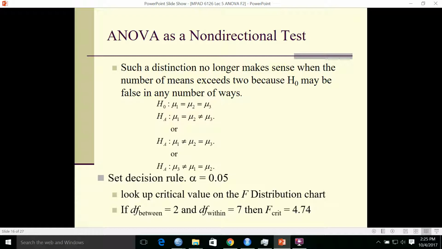We can see that the degrees of freedom between is 2 because degrees of freedom between was just the number of groups minus 1, and then the degrees of freedom within is the number of subjects or the number of observations minus the number of groups. So there were 10 observations minus the 3 groups is 7.